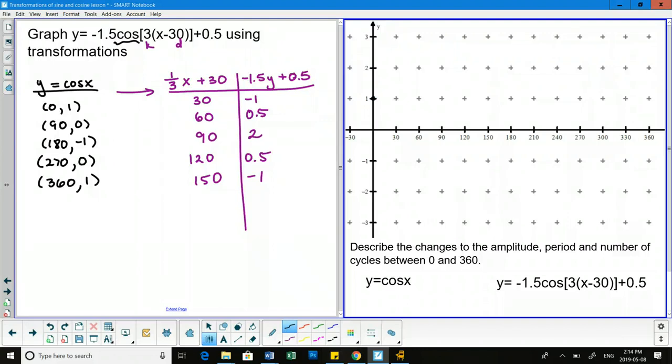Okay, so let's graph cosine to start. I'm just going to graph this one in black. Okay, so there's our cosine function.